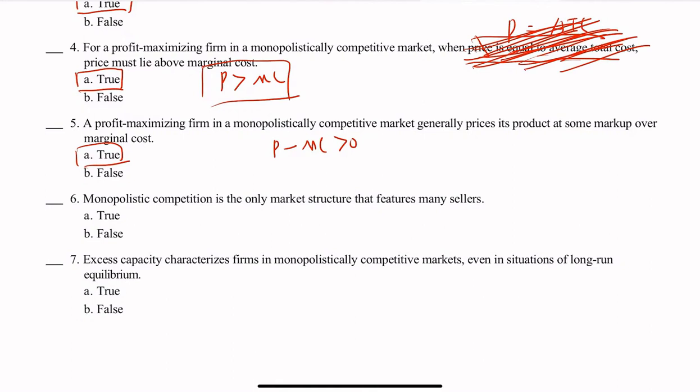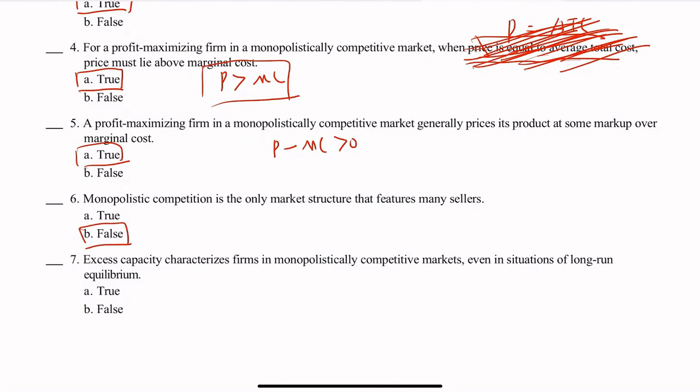Okay, monopolistic competition is the only market structure that features many sellers. Well, this one is simple, because we know that this is definitely not correct. When we first discussed the perfectly competitive market, we know that the perfectly competitive market also has many sellers.